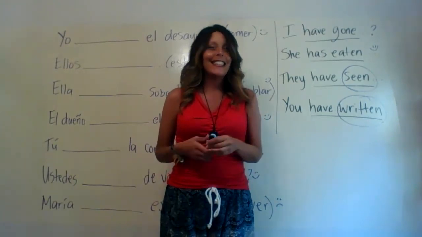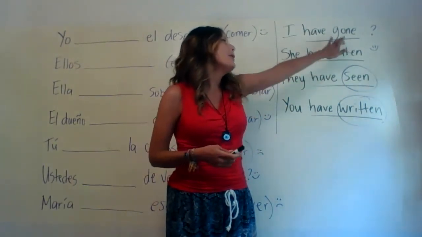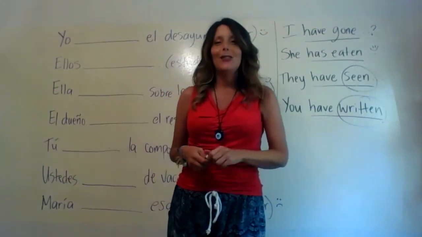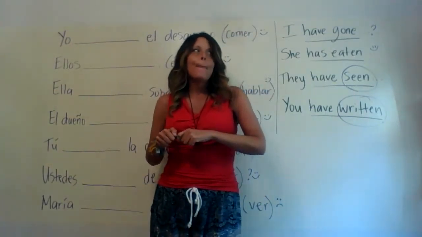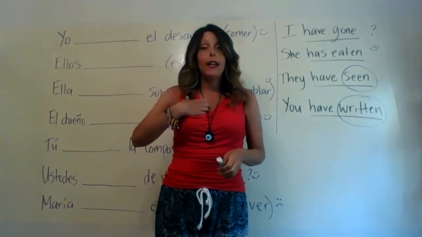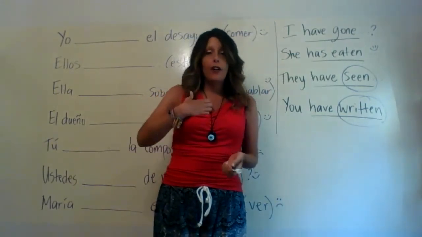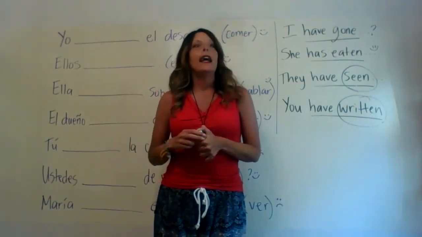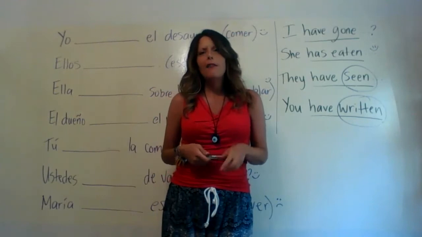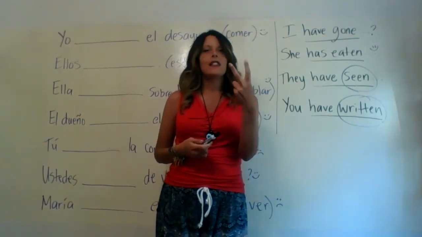And then another one that people mess up in English is "to go" as a participle. I've gone on vacation. It's not true, but I've gone on vacation this year. Have you gone on vacation this year? And people will say, "Yeah, I went on 2 vacations this year."